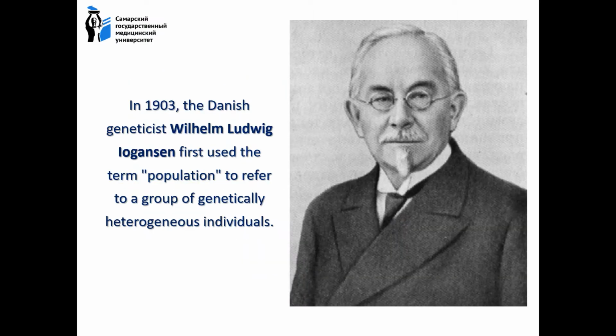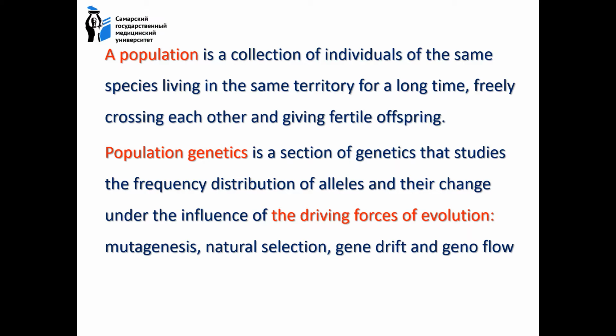In 1903, the Danish geneticist Wilhelm Ludwig Johannsen first used the term population to refer to a group of genetically heterogeneous individuals. A population is a collection of individuals of the same species living in the same territory for a long time, freely crossing with each other and giving fertile offspring.